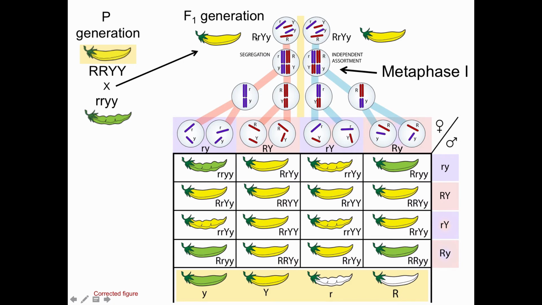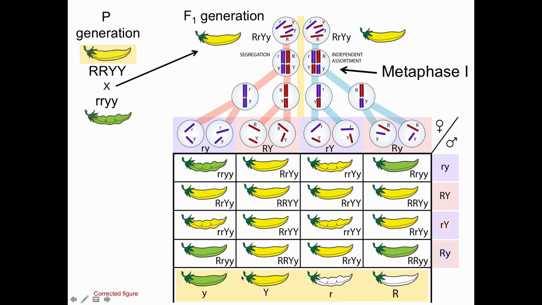Your possible combinations would be little r, little y; big R, big Y; little r, little y; big R, big Y; little r, big Y; and big R, little y. So every possible configuration for this particular parent, and then the same for the other parent, and then you do your square.